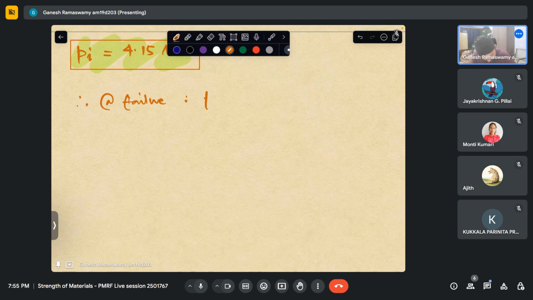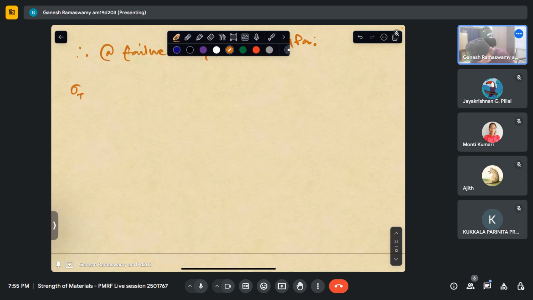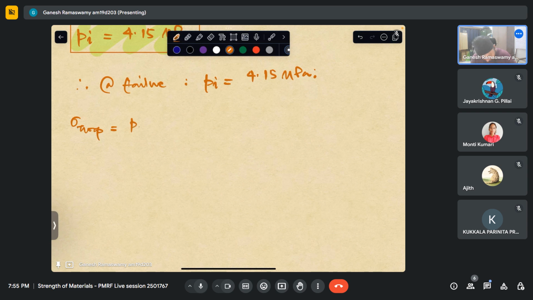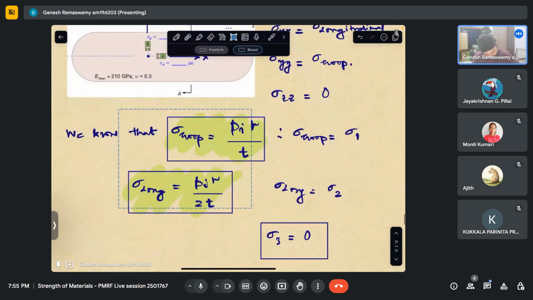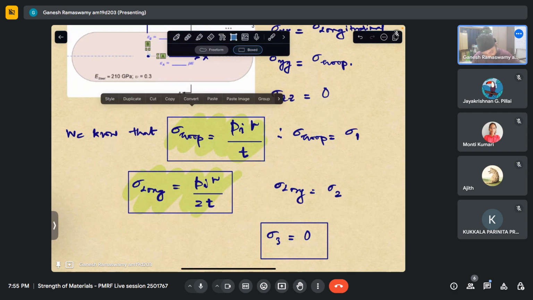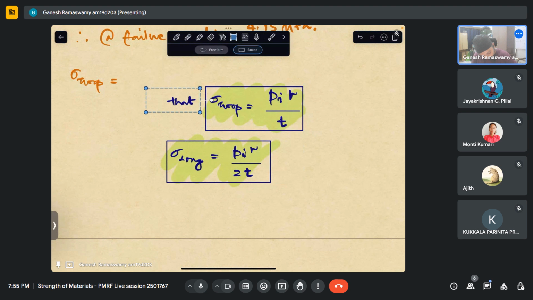Now we know our hoop and longitudinal stresses are these. So we know hoop is this, longitudinal is this.